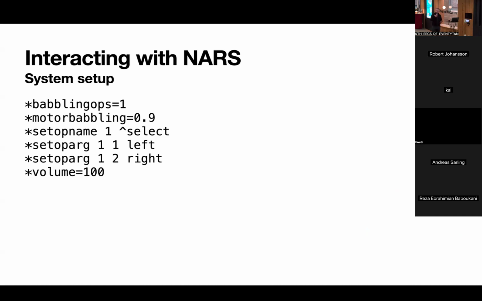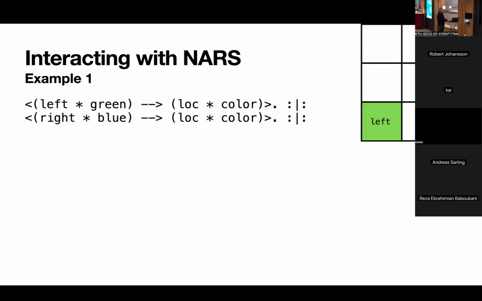It has two parameters, left and right. Volume is how much information we see. Motor babbling means that when the system doesn't know what to do, this operation will, with 90% probability, babble one of the two parameters, left or right.